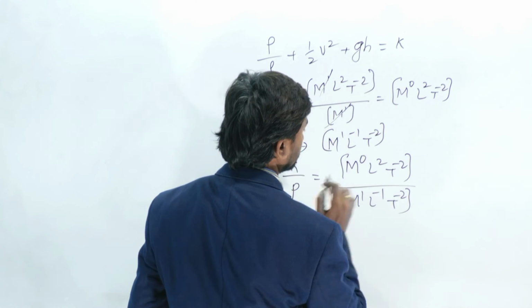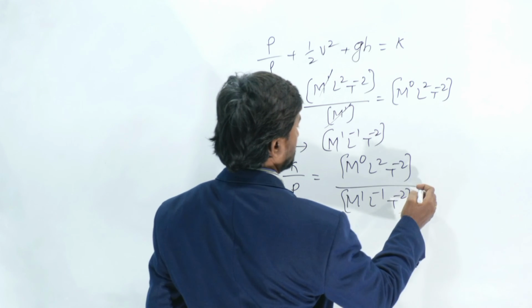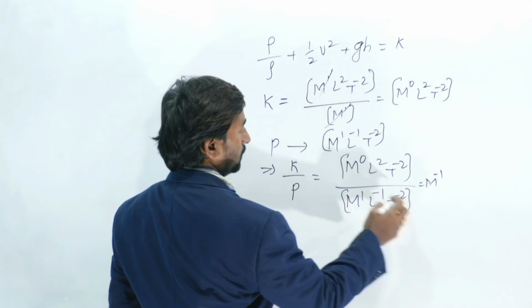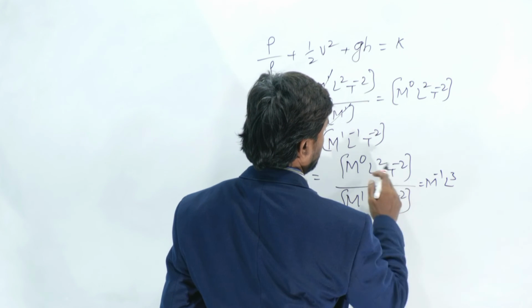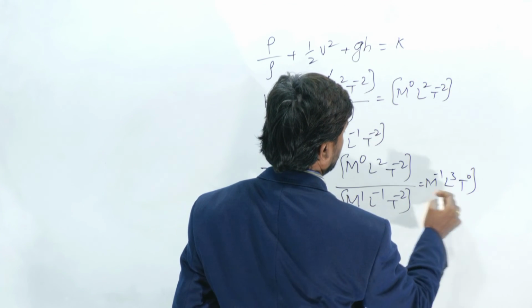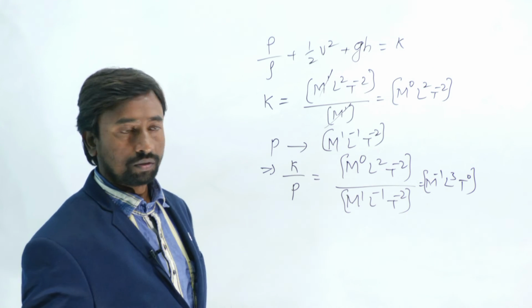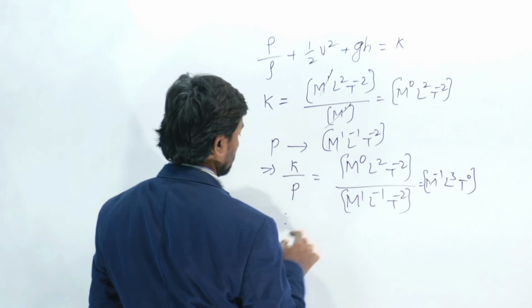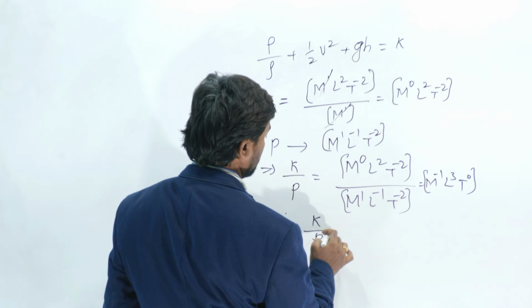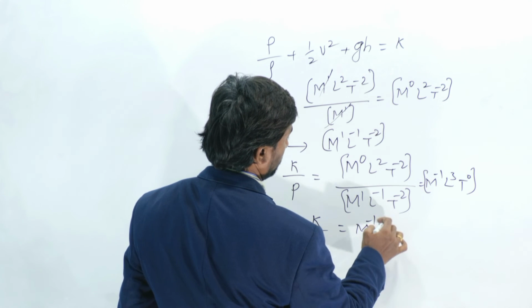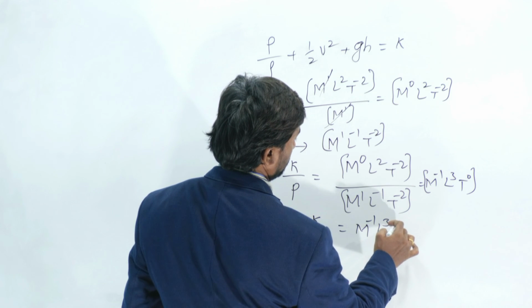If you send this up, it will become M power minus 1, L cube, and T power 0.